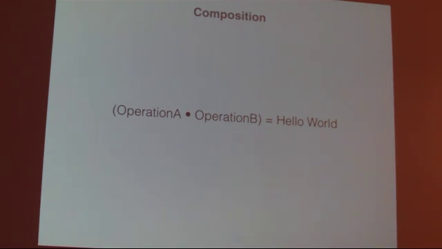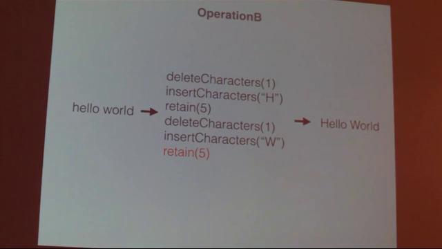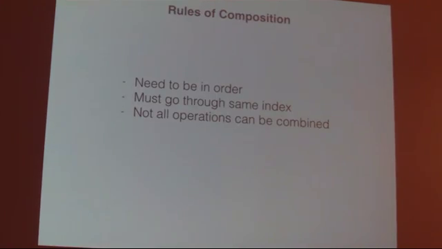So if you combine operation A and operation B, then you would just get hello world. So the rules of composition is that they need to be in a certain order. They have to go through the whole index each time. And the unfortunate thing is not all operations can be combined, but we're not going to talk about that today.